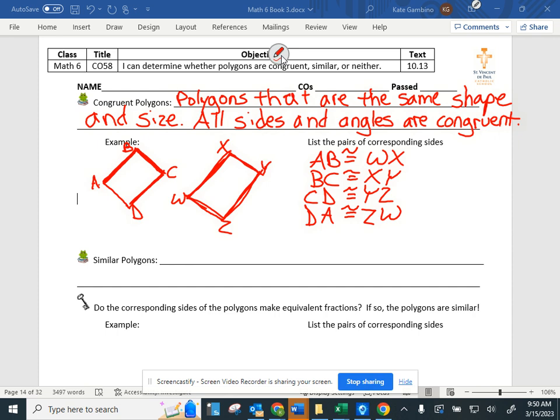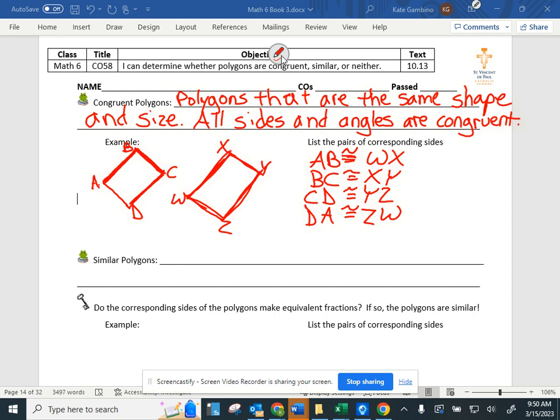So you should be writing this down. I'm not putting it up here just for my fun. Write down what it looks like to write out your corresponding sides. So AB, and you have the equal sign with the squiggle above it, means it's congruent. So you need to write that. So you should have two shapes here, and they're all labeled like I labeled.